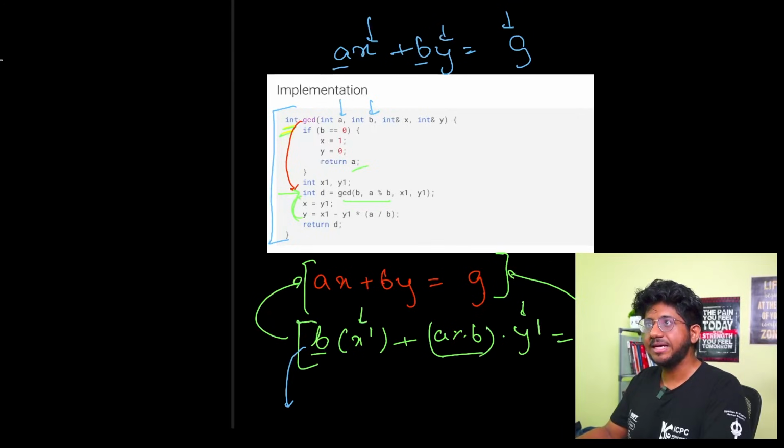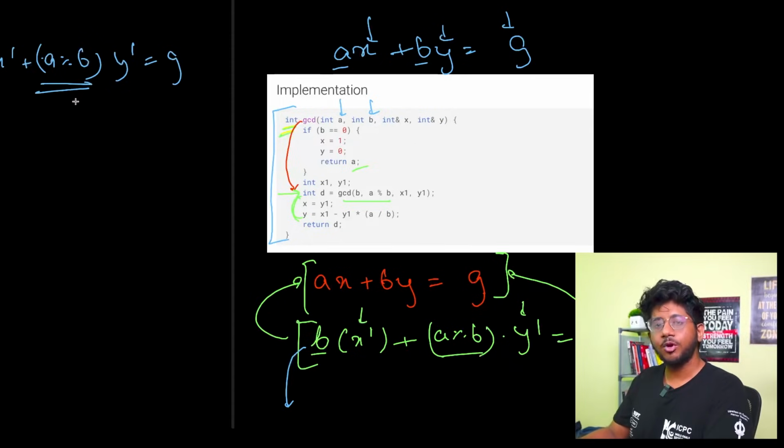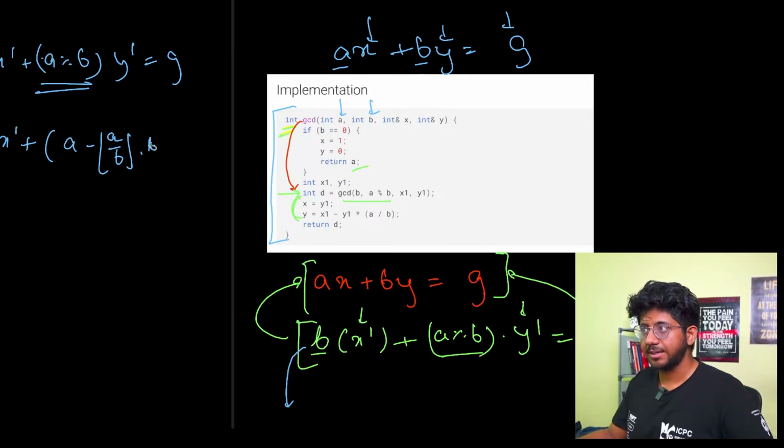We have b times x dash plus a mod b times y dash equal to g. But a mod b is nothing but a minus the floor of a by b multiplied by b, the quotient and the remainder terms. So this is the remainder. So we can write it as b times x dash plus a minus a by b, the quotient, times b, times y dash.